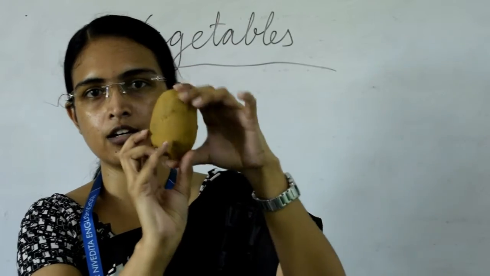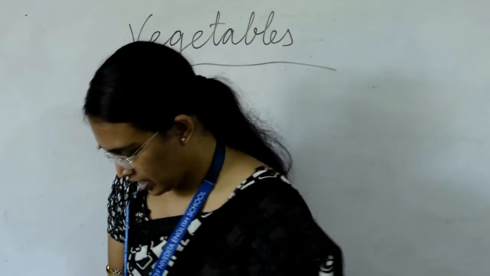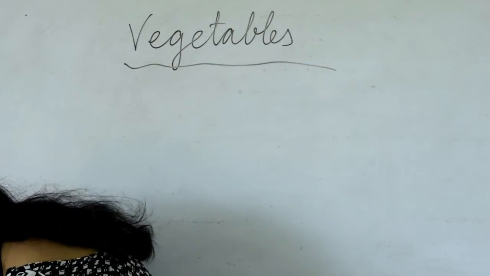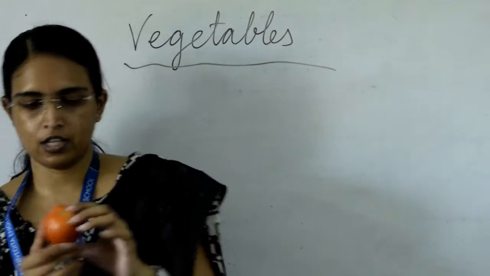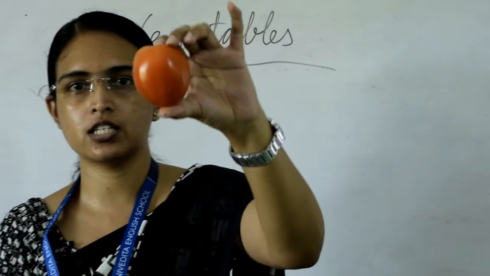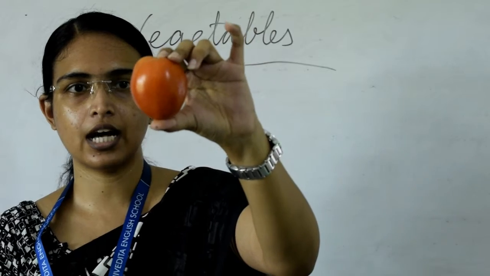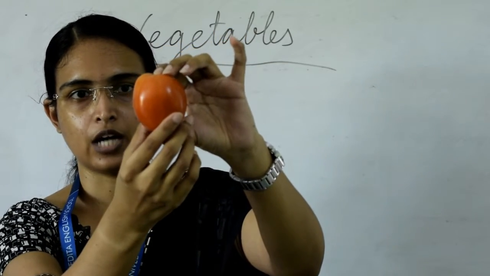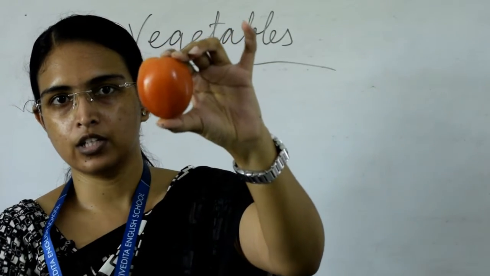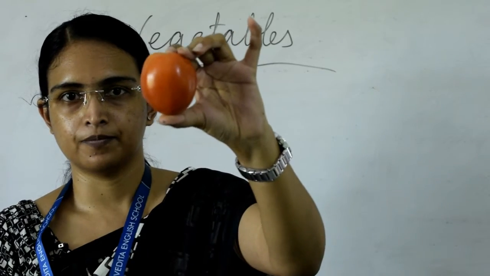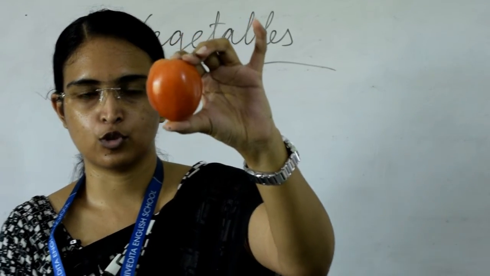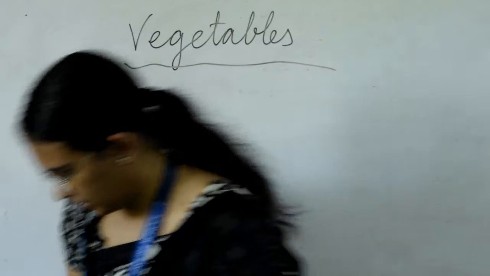So this is a vegetable. Now I will show you another vegetable. Let me see who can say what this is. Yes, this is a tomato, right? And what is the color of a tomato? It's red. Look. So this is also a vegetable.